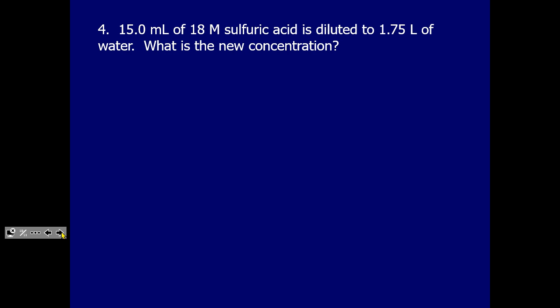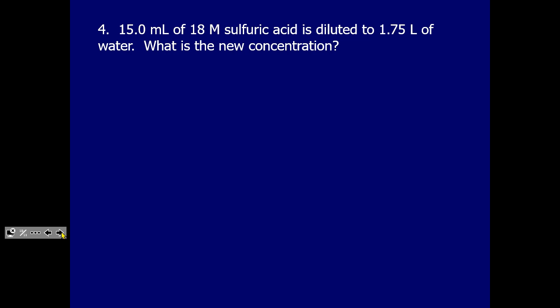This one is a little different in that we're looking for a concentration, and it's got one little special thing. What's the issue that we have to fix before we can solve it? One is in liters, one in milliliters. It doesn't matter what you convert to what. Convert it to whatever you find most convenient.